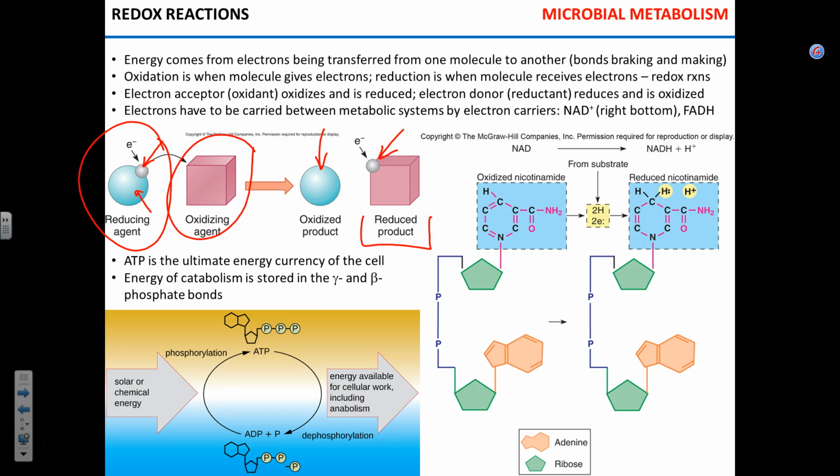Now, the molecule that gets reduced is the oxidizing agent. The molecule that gets oxidized is the reducing agent, right? Or we can call this an oxidant, and we can call this a reductant, right? That's simply English language, okay?